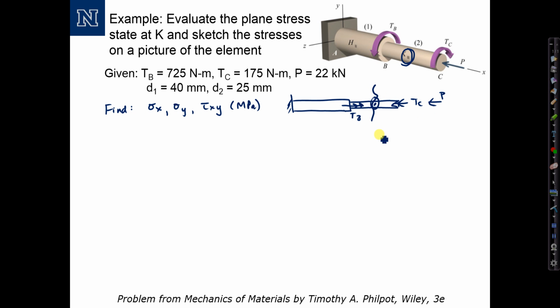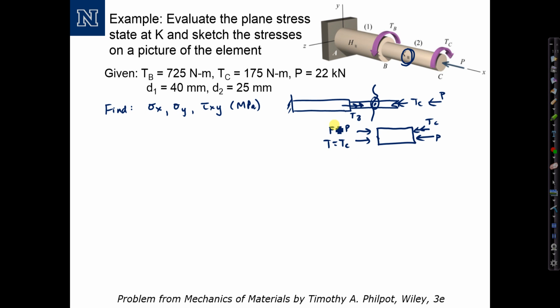So I'm going to make a cut at that location, draw a free body diagram to the right of the cut, put my loads back on, TC and P at the end, and at the location of the cut, my internal forces, I would have an F equal to P, and I would have an internal torque T equal to TC in the direction shown. So those internal forces are going to determine the stresses at that location.